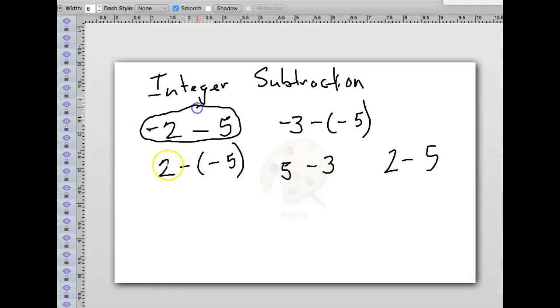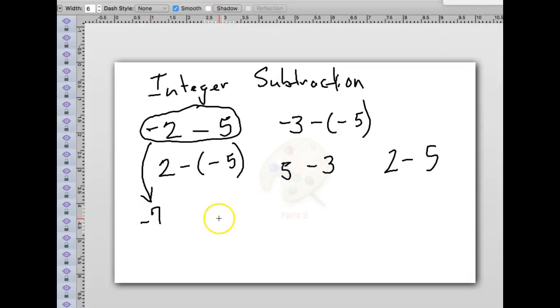-2 minus 5. Again, if I want to think of money, I owe someone 2, and then I'm taking away 5 more. So it's like I'm owing them 5 more. If I owe someone 2 and then I owe them 5 more, that's -7.